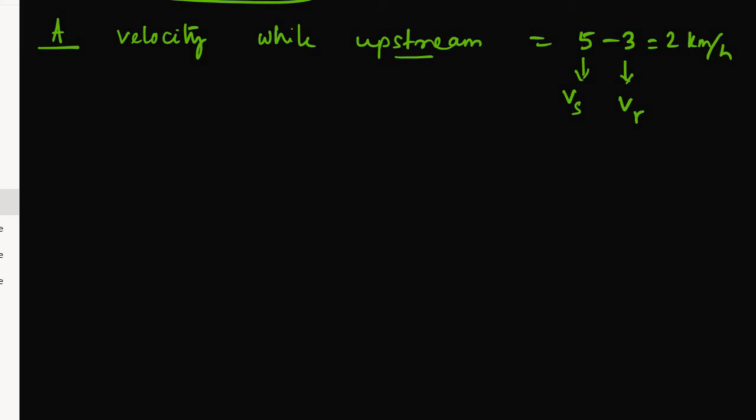Okay. Now for traveling half kilometer, what time will be taken? Distance is given, velocity is given as 2 km per hour while upstream for person A. So what is the time taken? It will be half into half, 1 by 4 hours. I am not changing the units.